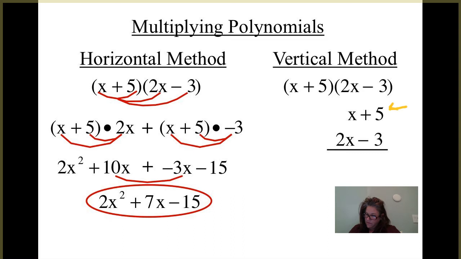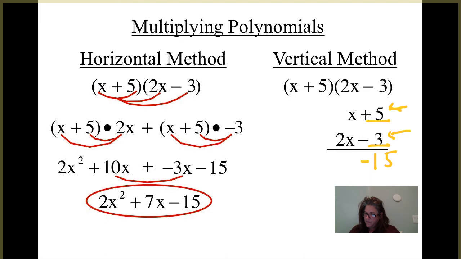All right, vertical method is when I take one binomial, and I'm multiplying it. I line it up on top. And we're going to just multiply the same way we do when we're doing double-digit multiplication. So I'm going to multiply negative 3 times positive 5 is negative 15.